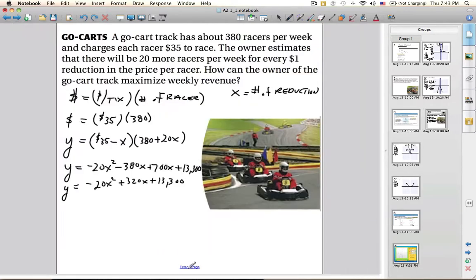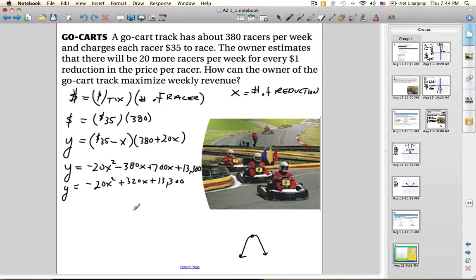We know that this opens down. If I think about the parabola, it's going to look something like this. I know it opens down because the leading coefficient is negative. That means that the vertex will be at the highest point here.